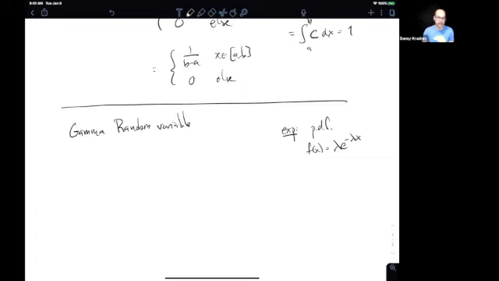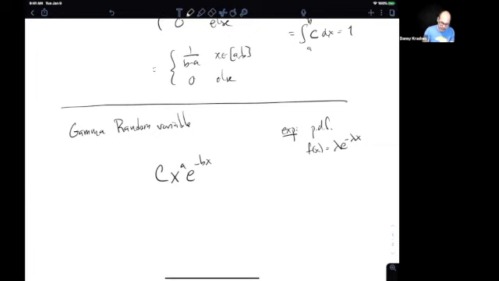So that's one particular random variable of interest, but it has a generalization, which is the gamma variable. So the gamma variable has an exponential part, e to the minus, let's call it bx. But then it also has a polynomial part in front of it, x to the a. Kind of a monomial part. I guess a doesn't have to be an integer. And then there is some normalization factor.